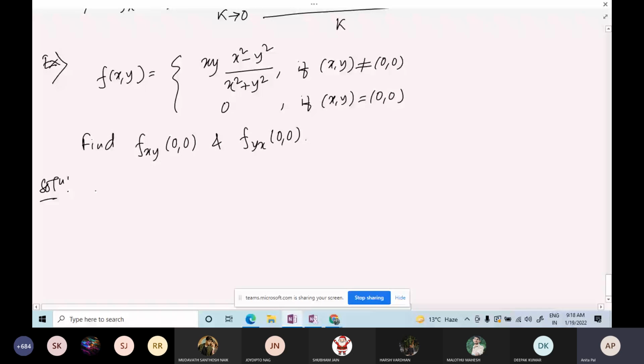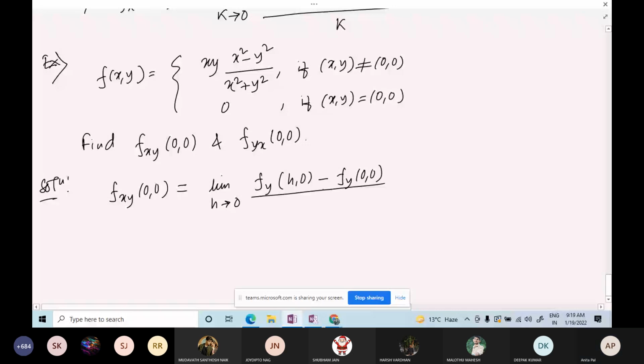Now first we'll write what is fxy(0, 0). fxy(0, 0), as I said, is del del x of del f del y. So the formula was limit h tends to 0, fy(h, 0) minus fy(0, 0) by h.